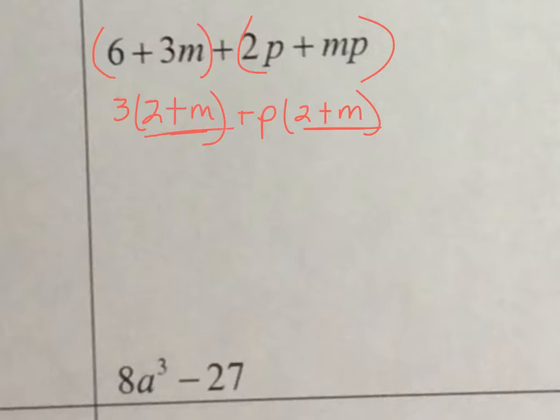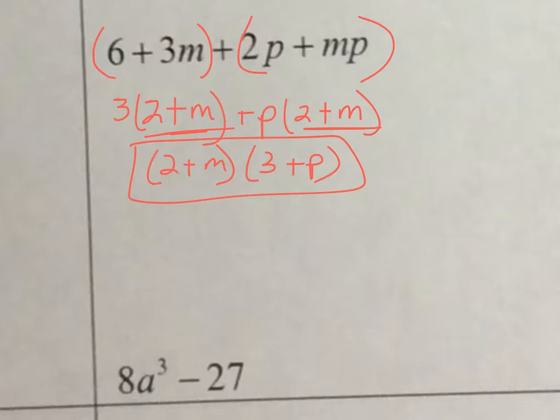They're the same. Woohoo! So how about in our answer a factor of 2 plus m and a factor of 3 plus p? Easy, moderate, or hard? Easy. Easy, okay.